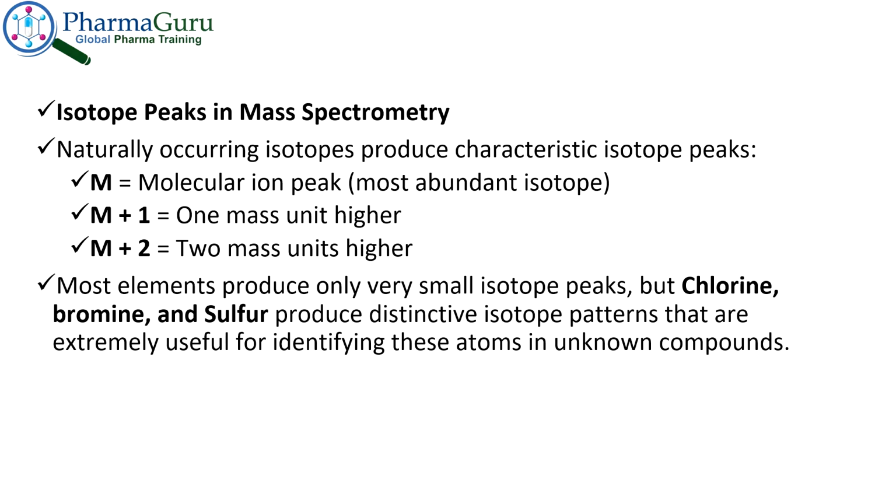Most elements produce only very small isotope peaks, but chlorine, bromine, and sulfur produce distinctive isotope patterns that are extremely useful for identifying these atoms in any unknown compound.